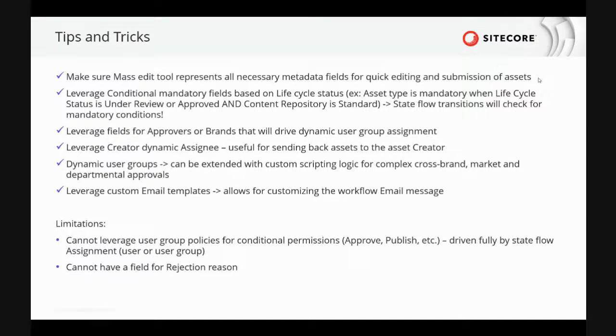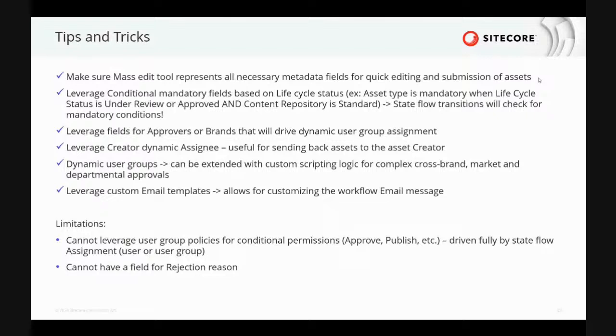Second is to make sure you leverage conditional mandatory fields based on lifecycle status condition. So in my example, asset type is conditionally mandatory when the lifecycle status is under review or approved, and the content repository is standard, meaning that the standard content repository is basically the DAM library.